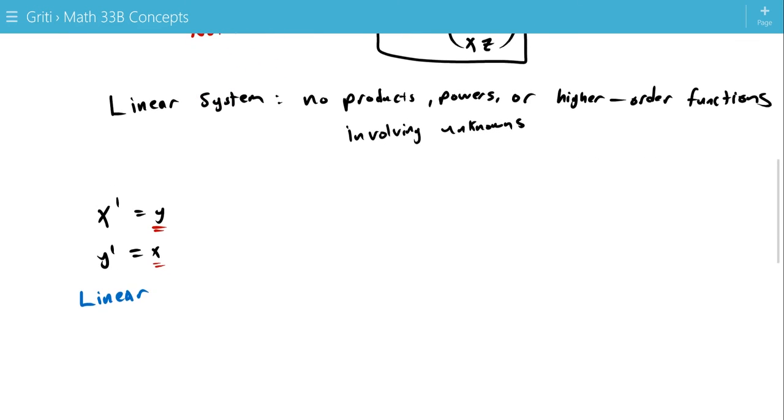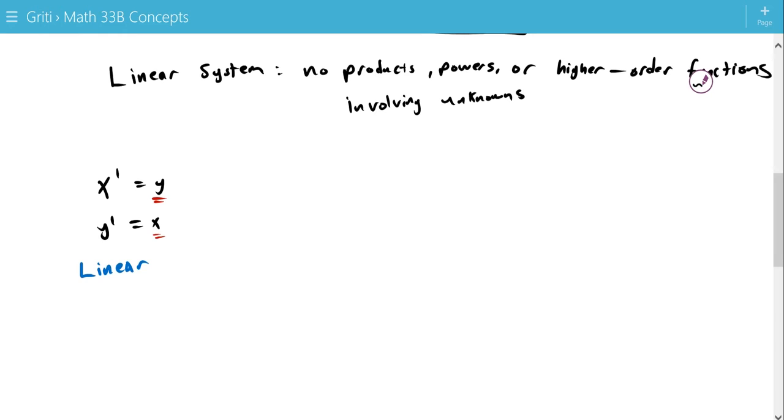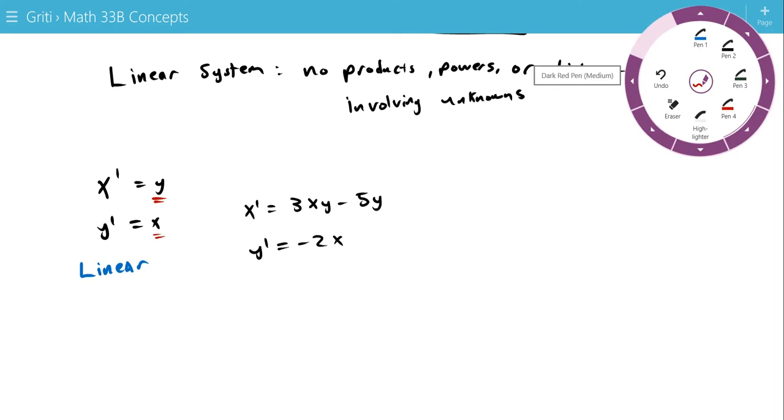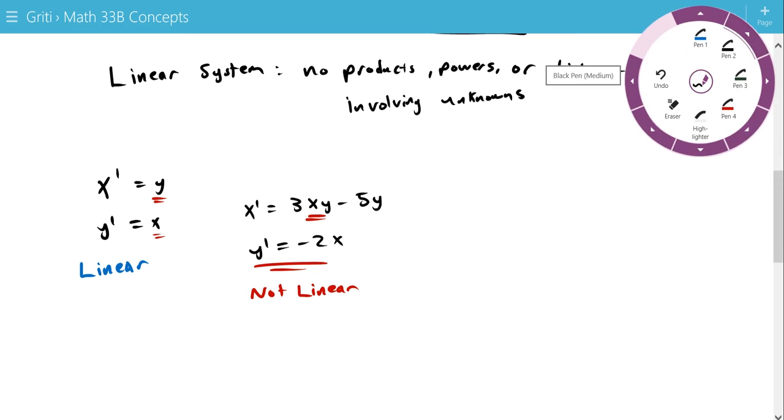So that's not linear. If we look at this system, x prime equals 3xy minus 5y, and y prime equals negative 2x, this is also not linear because we have the product here between x and y.